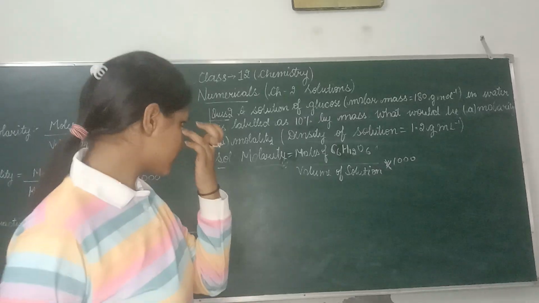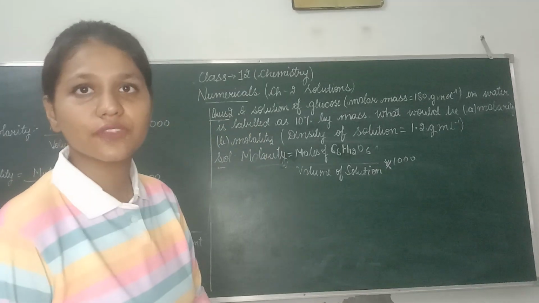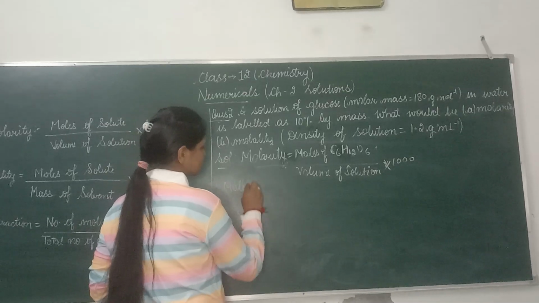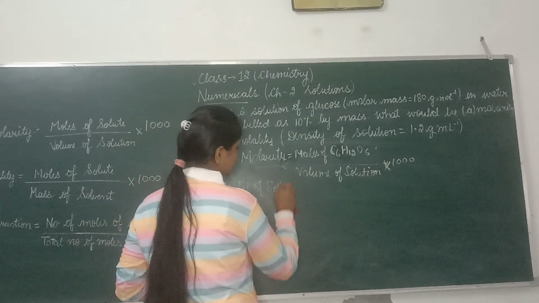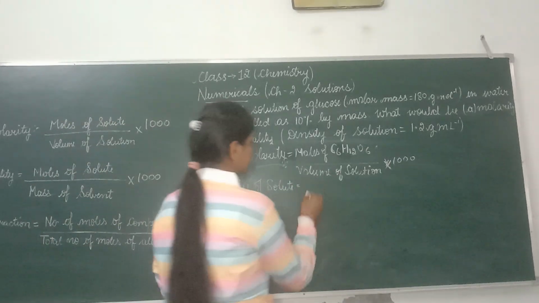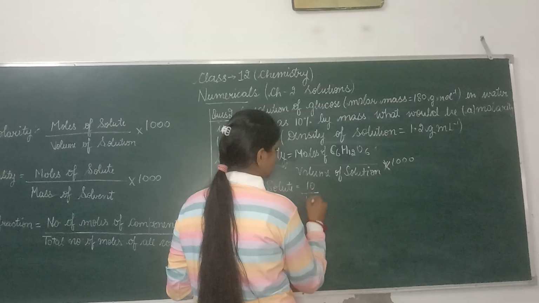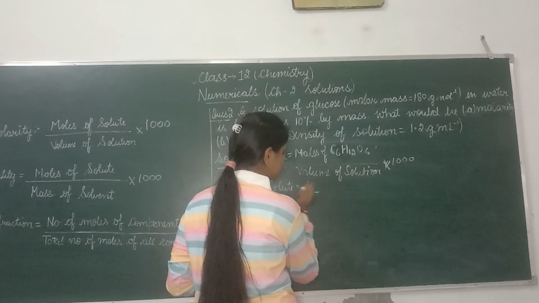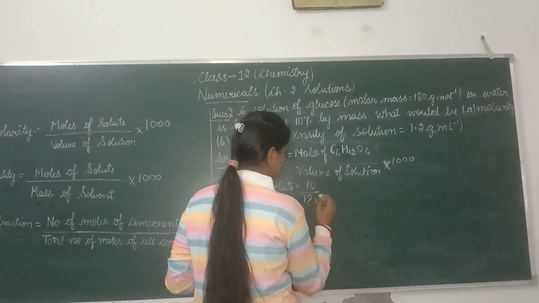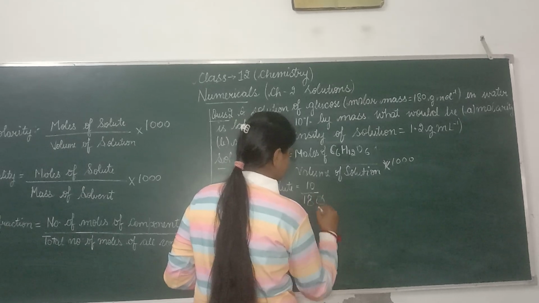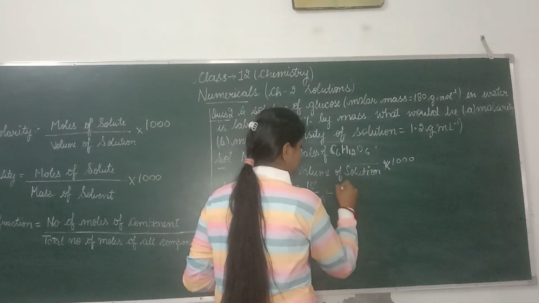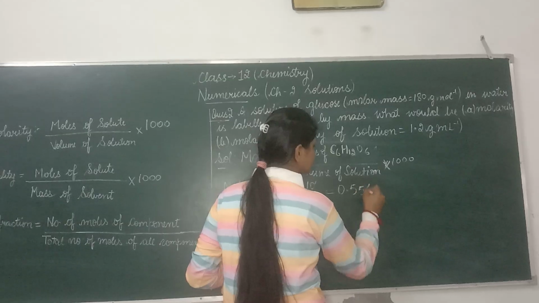First of all, we have to calculate the moles of glucose, which is the moles of solute, that is actual mass upon molar mass. Here it is given to be 10 divided by the molar mass 180. It comes out to be 0.0556.